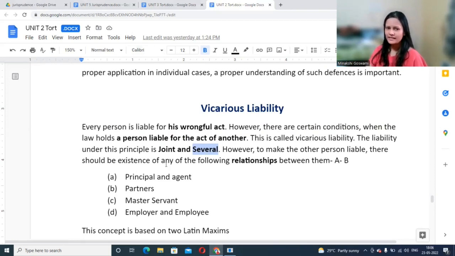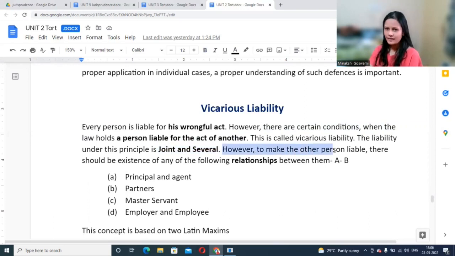That's why we say the type of liability that we have is joint and several. For vicarious liability, we will get 4 different relations. For all these 4 relations, liability is joint and several. Either make them jointly liable or make them liable separately, depending on the victim.